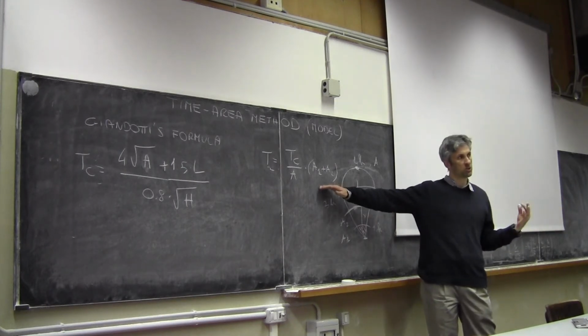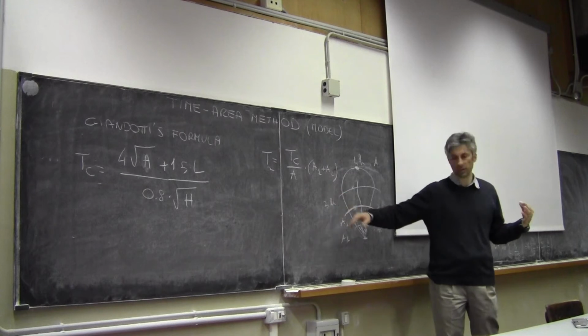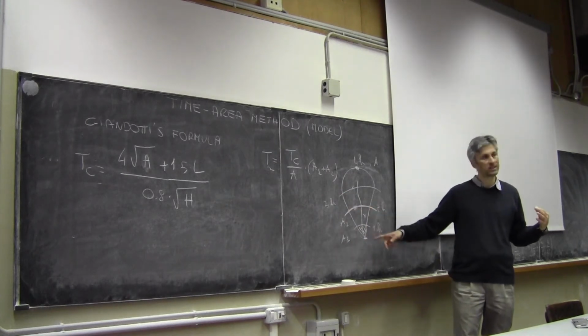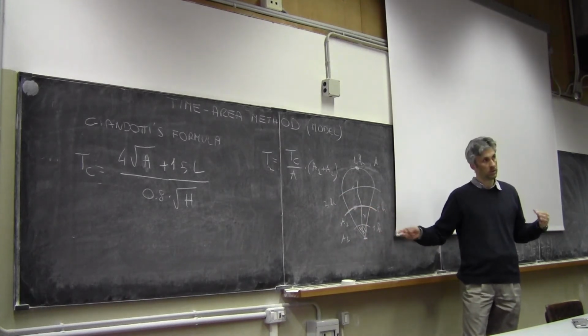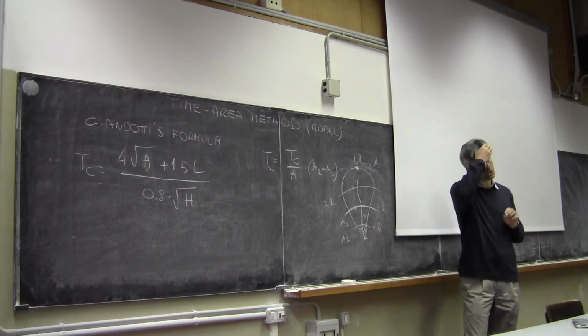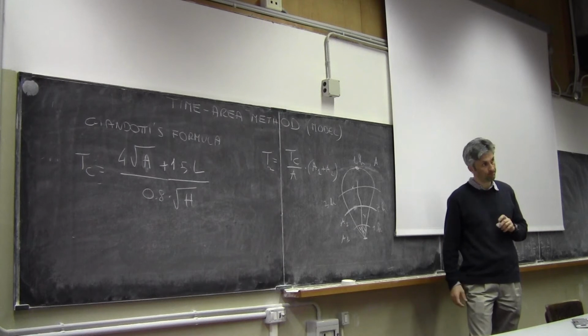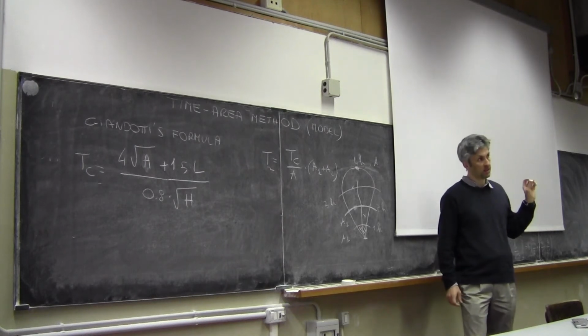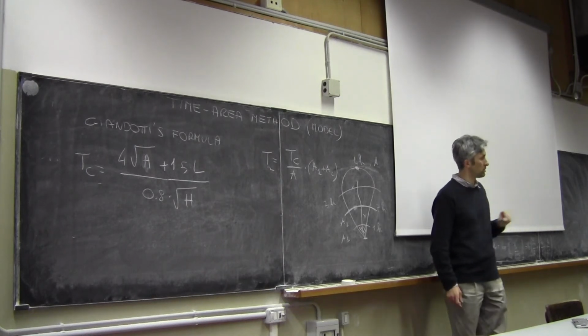You need an assumption that the travel time is proportional to the shortest distance to the basin outlet. Okay? I'll try to explain better, but you need a second assumption.